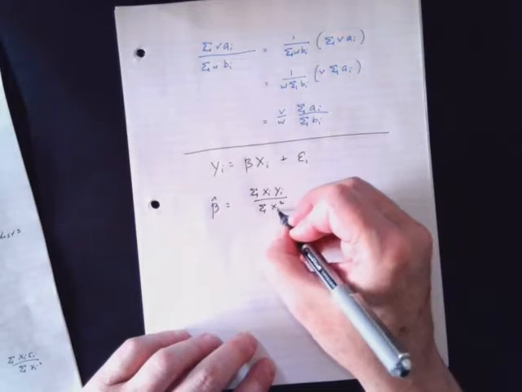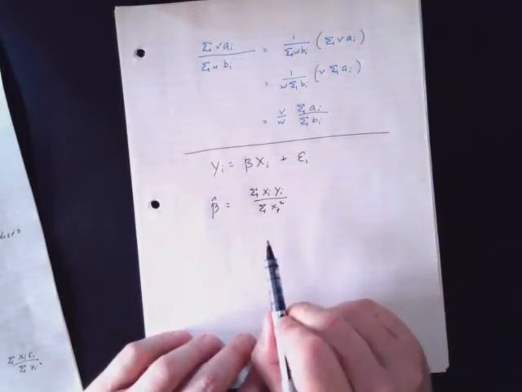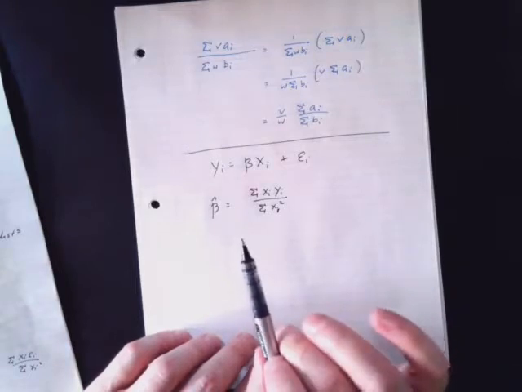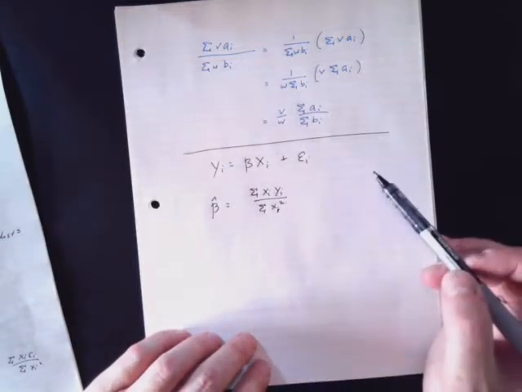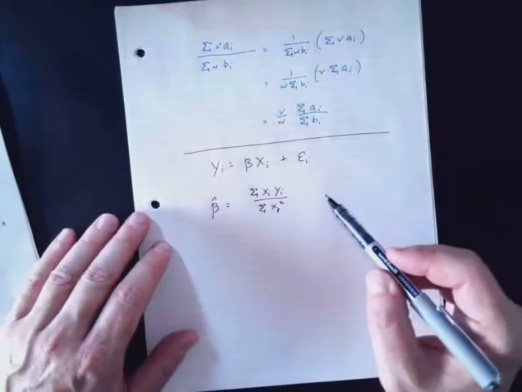That's a little i there. Okay, so that's the formula for the least squares estimator. And we're not going to go through the derivation in this course. It's not too hard, but we're just not going to do it.